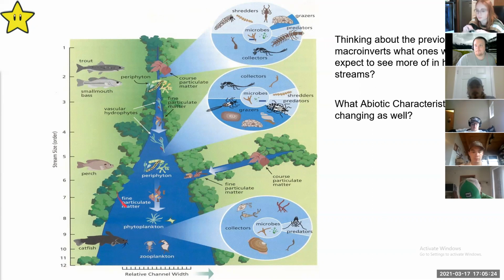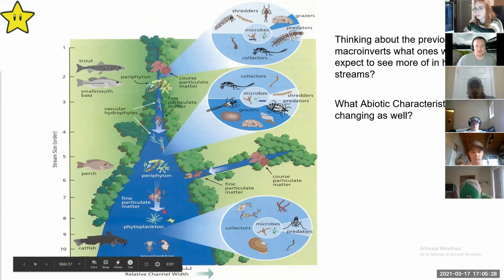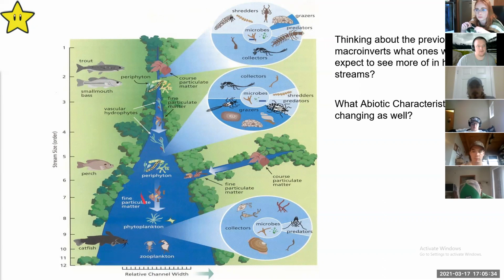So down here, towards kind of the mouth of the river, the main channel, you're gonna have a lot more dissolved organic matter influencing your system. So you're gonna have a greater variety of both phytoplankton and zooplankton.